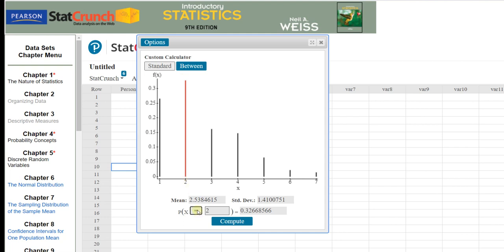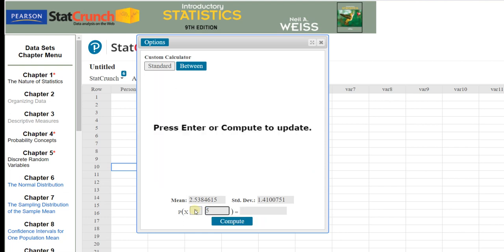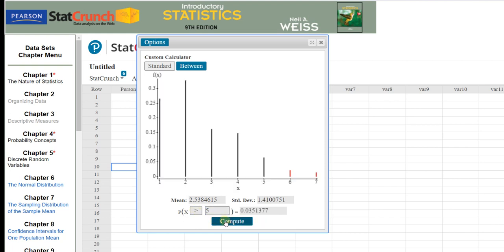If I want probability of less than or equal to 3, you just type that in. And now the bars 1, 2, 3 are highlighted, or rather, they're now in red. But I want to know what is the probability of more than 5 per housing unit.